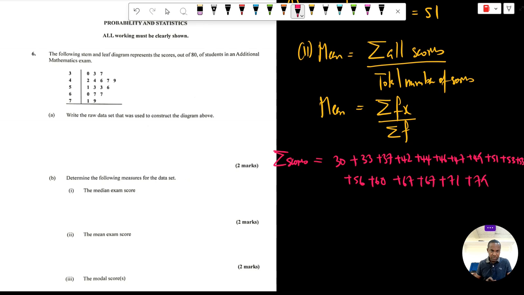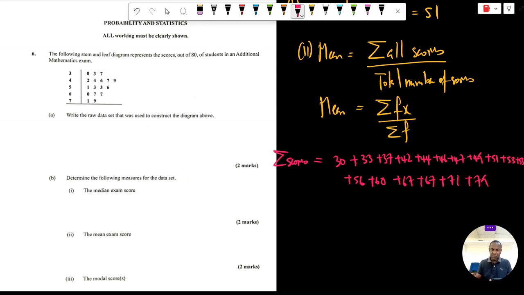So we have 30 plus 33 plus 37 plus 42 plus 44 plus 46 plus 47 plus 49 plus 51 plus 53 twice plus 56 plus 60 plus 67 twice plus 71 plus 79, right?